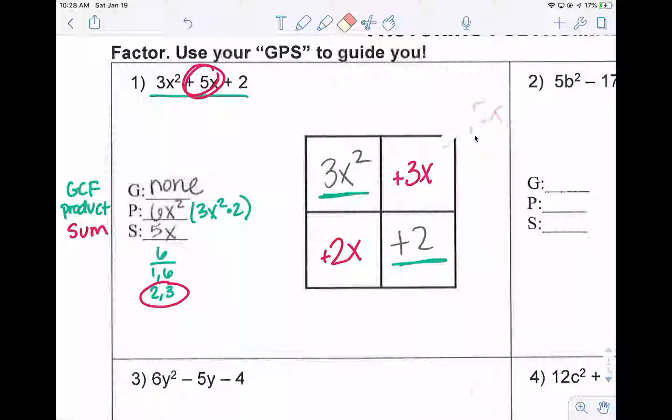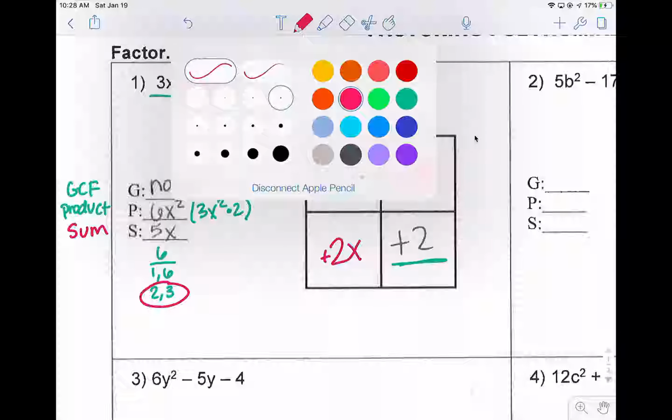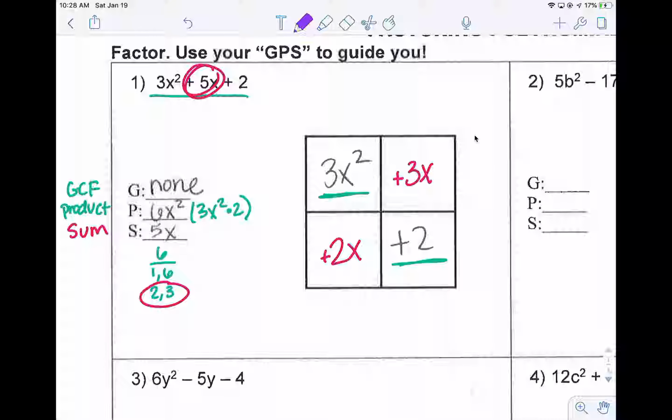Now from here, we don't need this part. From here, remember we are working backwards, so we're trying to figure out these two pieces. And remember that whatever term is here is multiplied to this box and to this box. So what we're going to do is factor out the GCF. So we're figuring out what term went here that was multiplied to both terms.